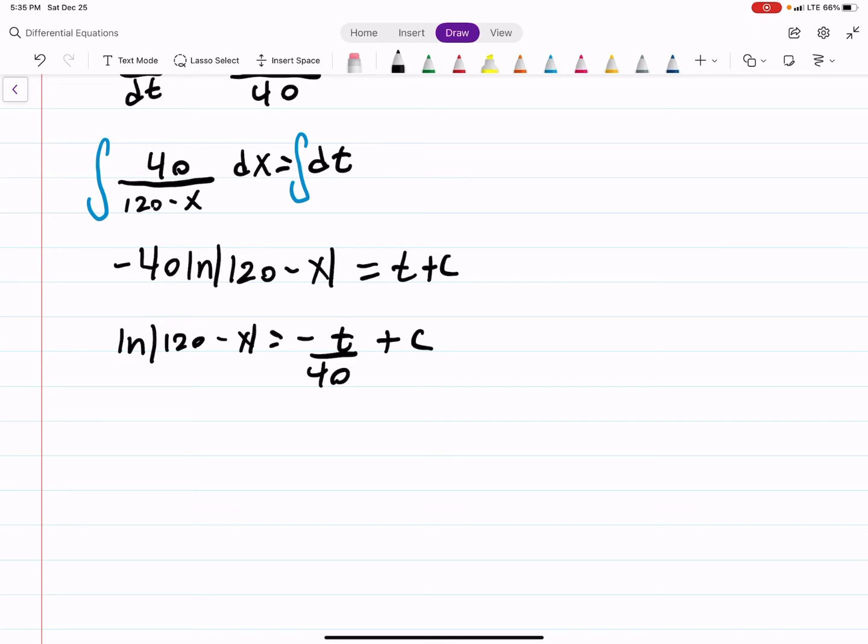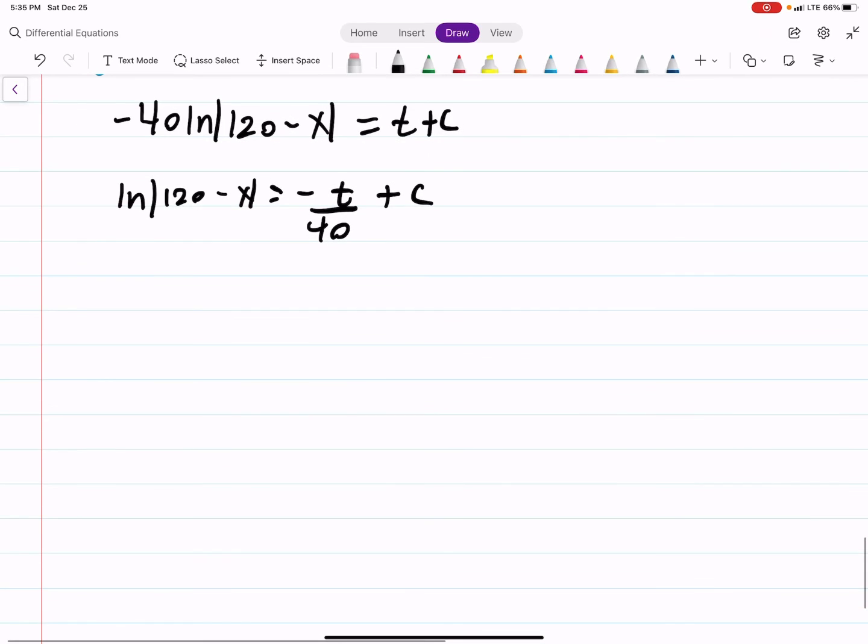I'm just going to call it c. Taking the exponential of each side, you get 120 minus x equals e to the minus t over 40 plus c, which I can also write as e to the minus t over 40 times e to the c. This is equivalent.